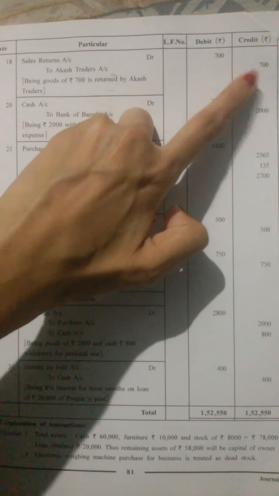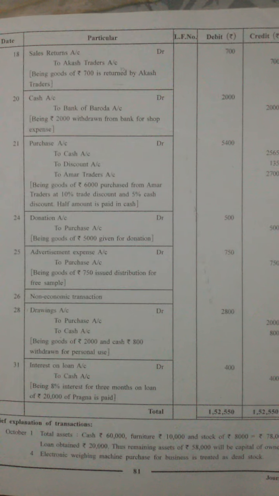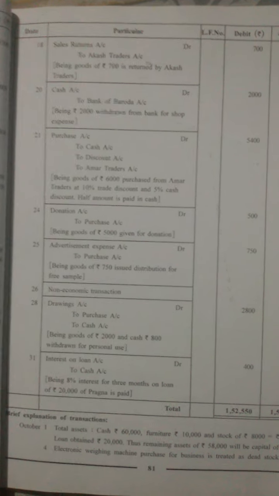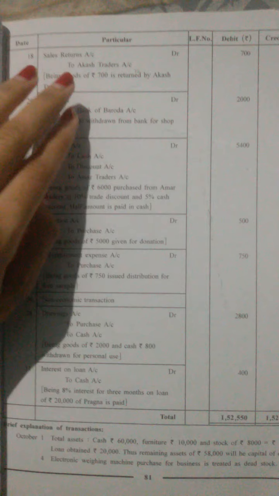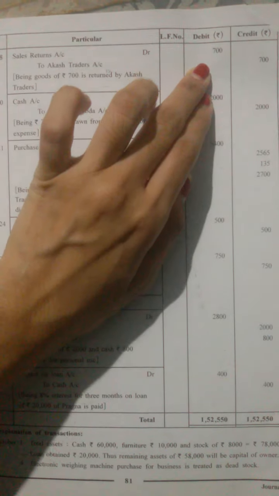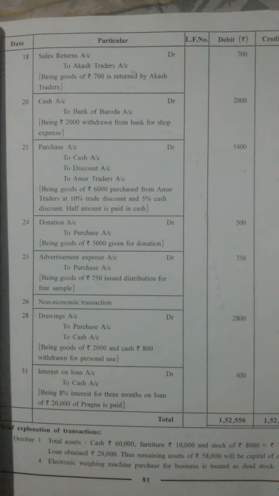Amount would be 700. Sales return account, because goods are coming into the business, because goods which were sold are now returned back to the business, therefore you have to write sales return account debited to Akash Traders account credited. 700 in the debit column and 700 in the credit column.